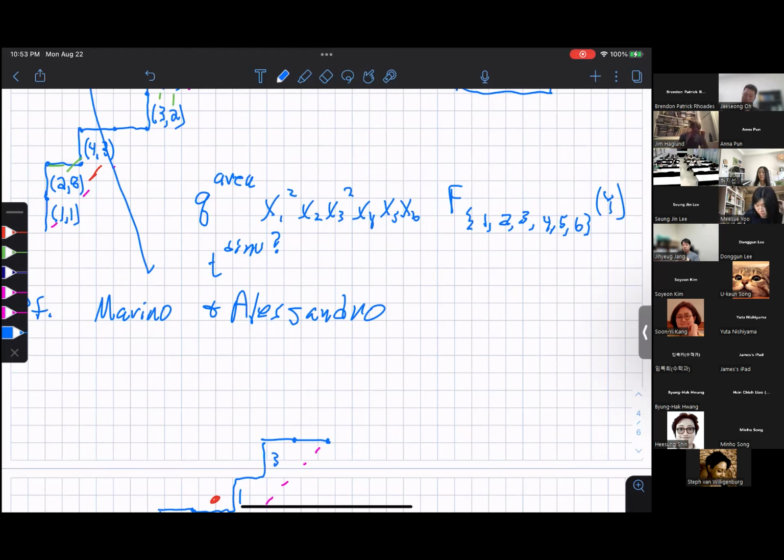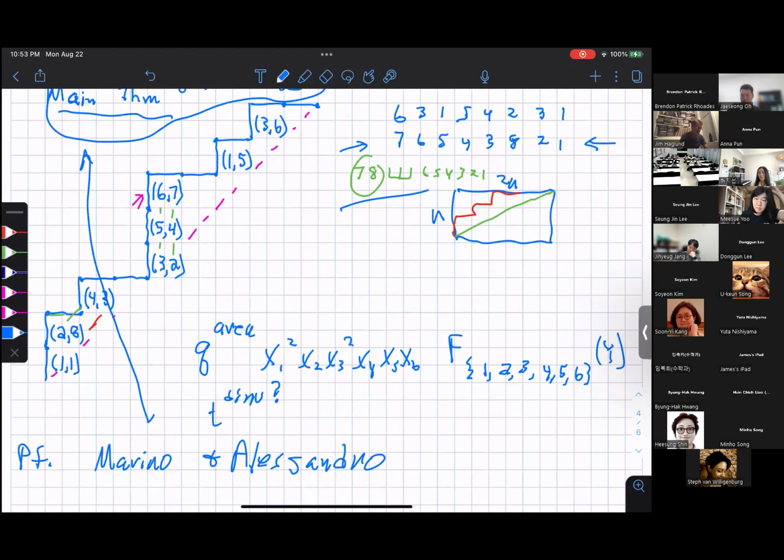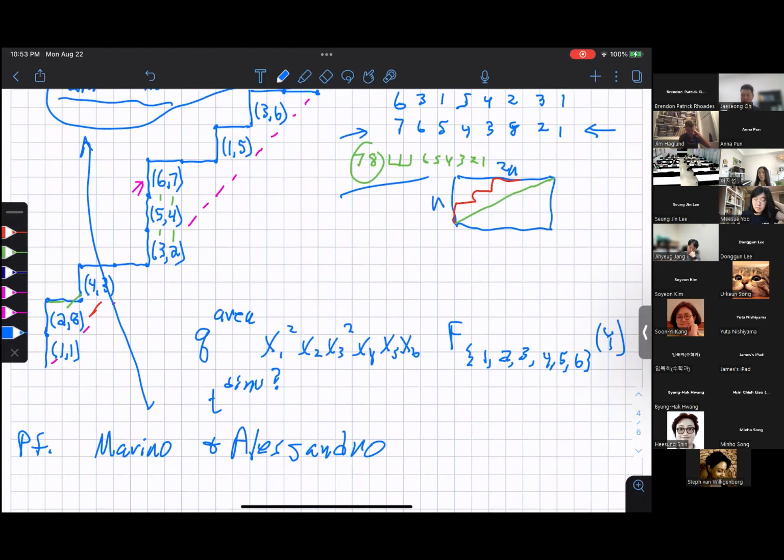And then he and Alessandro have a recent paper where they study theta operators, which I don't have time to get into, but that's like a more advanced operator, which has come along to solve a lot of open questions in the Macdonald world, and was behind one of the proofs of the delta conjecture, the rise version.